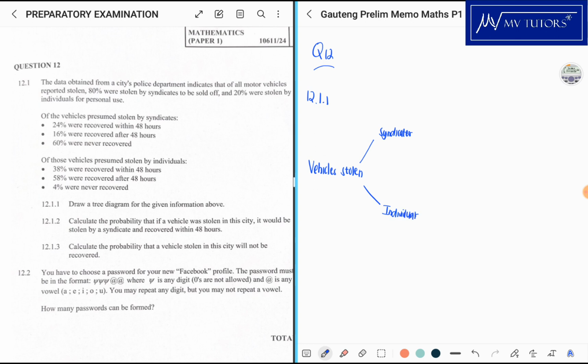And how is that spread out? So if it's stolen by syndicates, it's 80%, and then by individuals, it's 20%. Okay, it makes 100, so that makes sense.